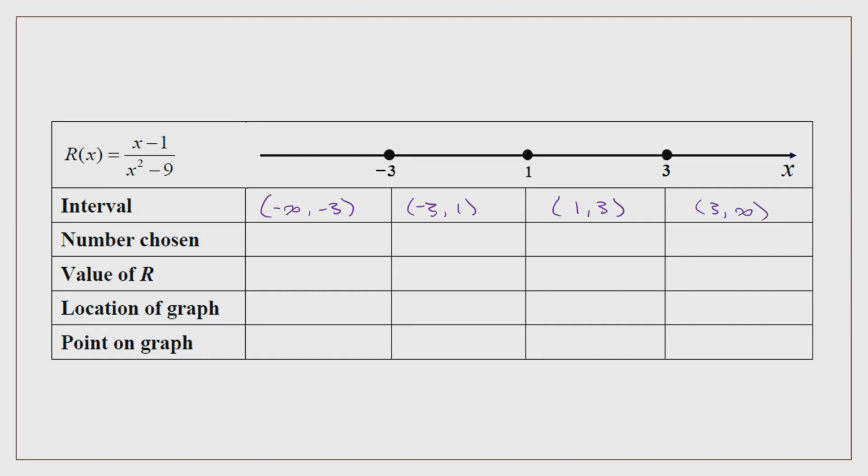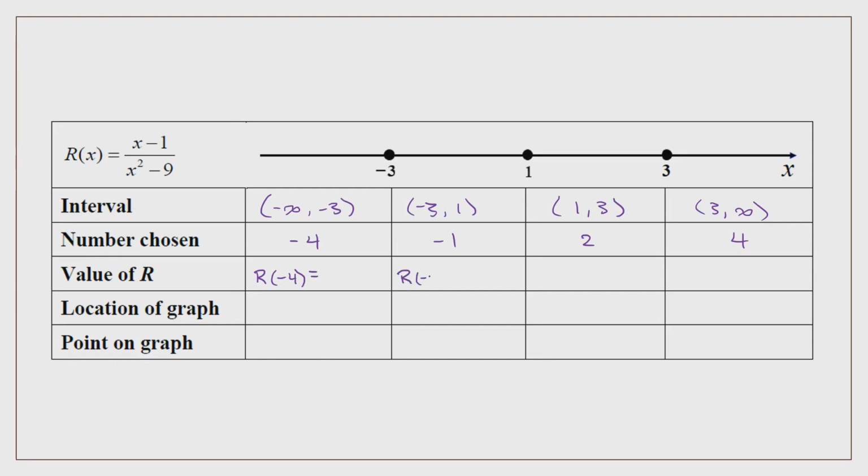I recommend choosing a number that you don't already know. So for example, in the first interval, I'm going to choose negative 4. In the second interval, I'm going to choose negative 1. In the third interval, I'm going to choose 2. And in the last one, I will choose 4.